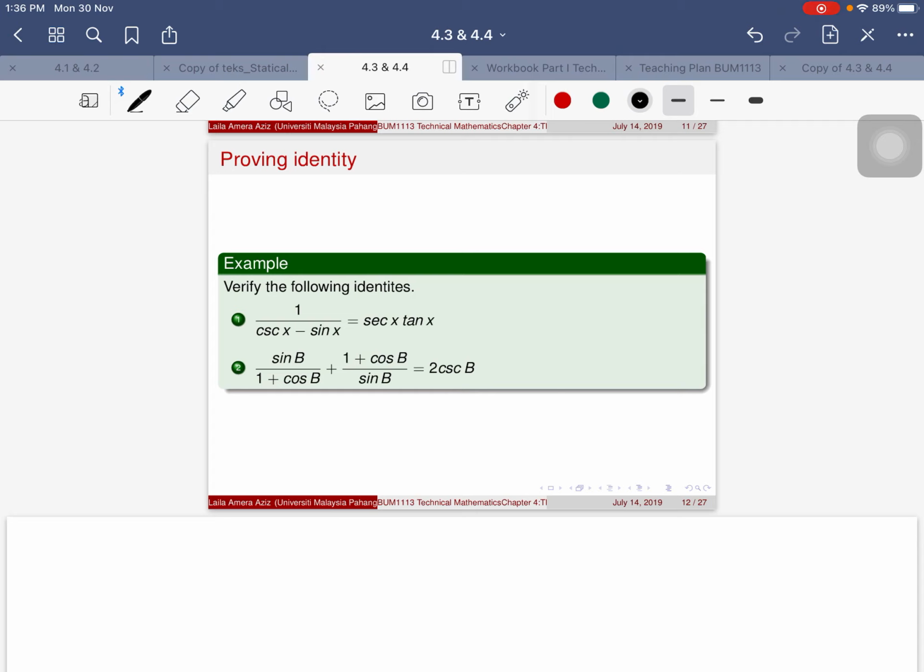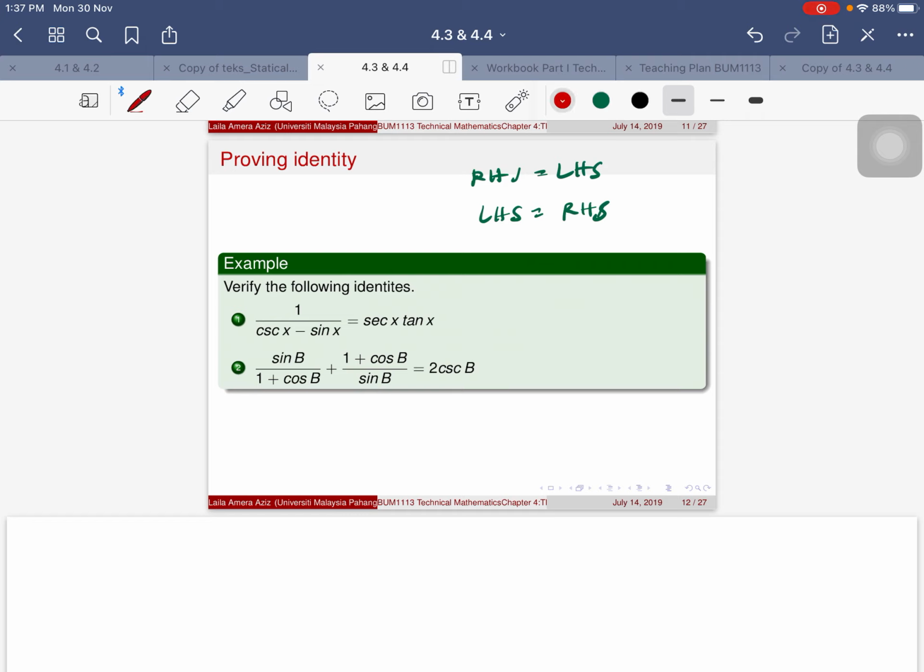The thing about proving is that you have two sides of the equation. One function is going to be the left-hand side, which is the one over here. The other function is going to be on the right-hand side, which is the one that we have right here. When it comes to proving, should we prove that the right-hand side is equal to the left-hand side, or should it be the other way around, that the left-hand side is equal to the right-hand side? Actually, it could be either one.